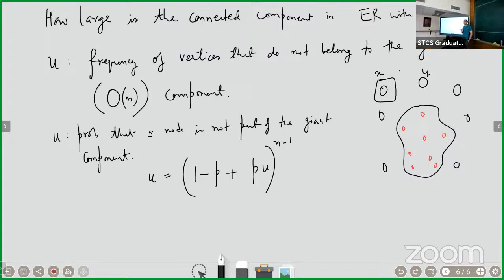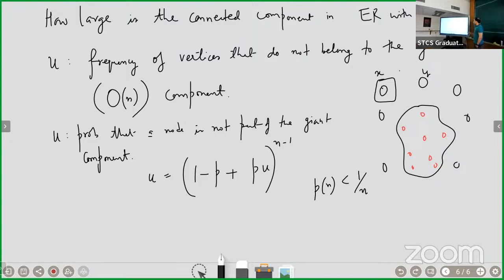So the regime of interest is something times 1 by n. That's our regime of interest. So think about if p of n is smaller than 1 by n, what are possible solutions for u? What is one solution? But is that the only solution? No, that is not.